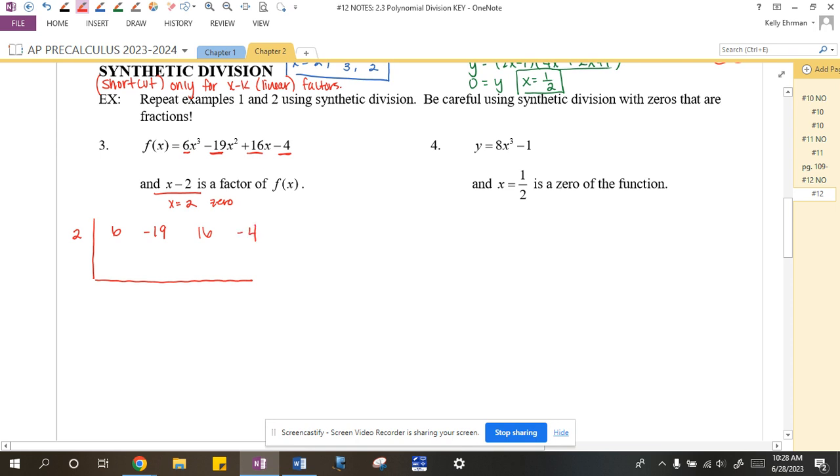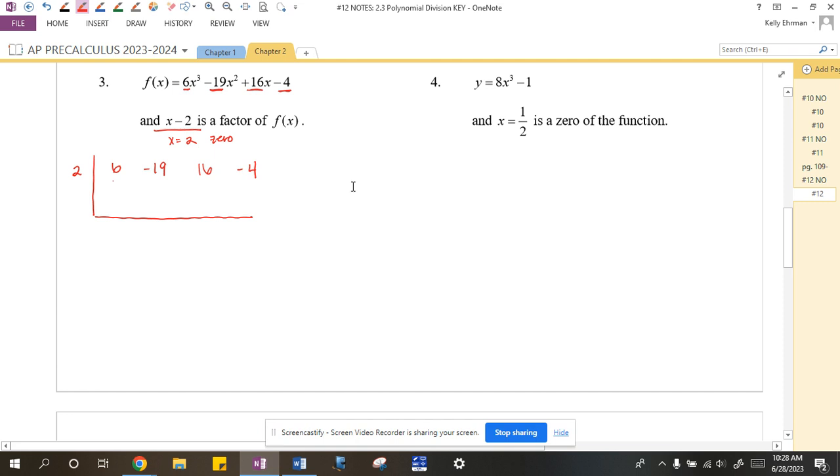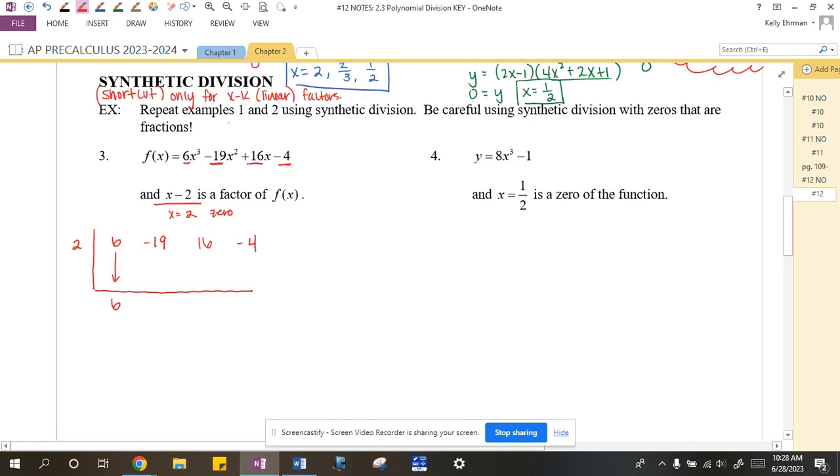And then the way this works, once you get it set up, you will always drop down the first number and write it below the line there. And then for synthetic division, it's multiply, add, multiply, add, etc. So multiply 2 times 6, write that result below the next number.